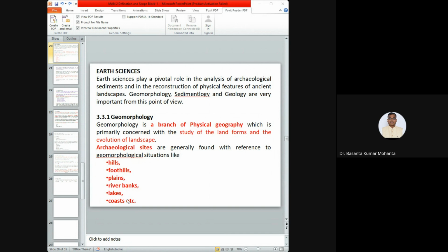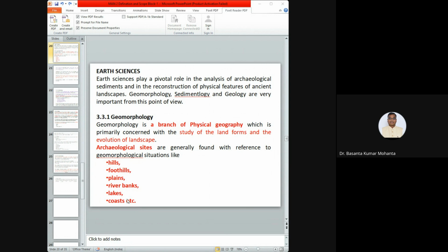Similarly, we are getting numbers of archaeological sites from river banks, because at that time prehistoric people were not aware of storing water, and for their survival they needed water. Those water bodies were also the habitation of different fishes and different wild animals.